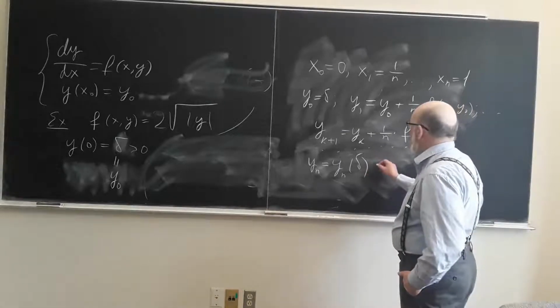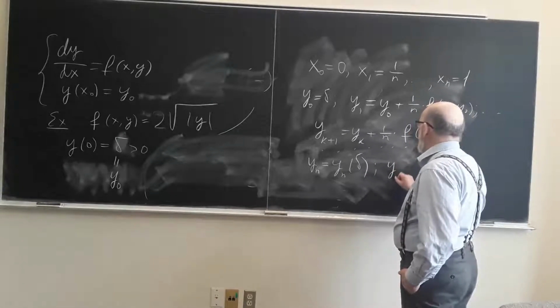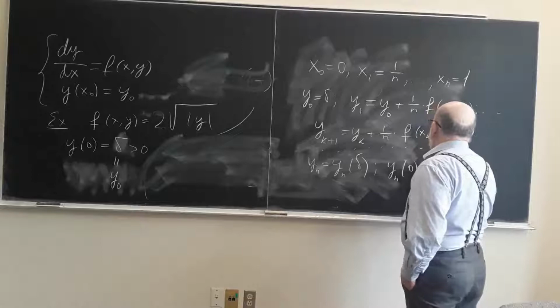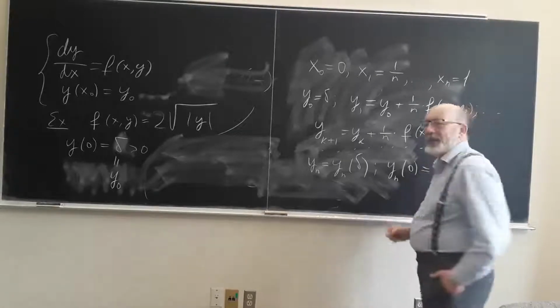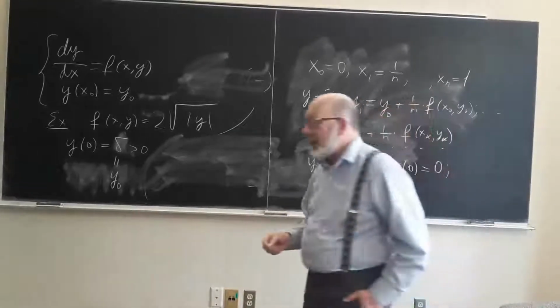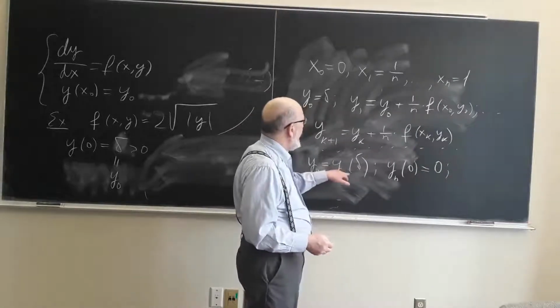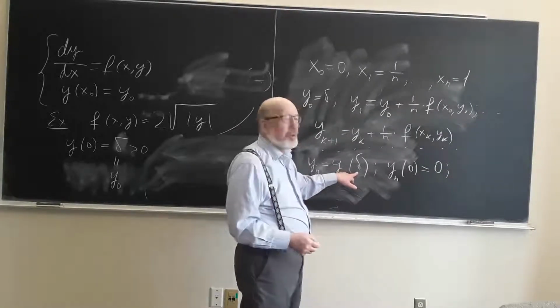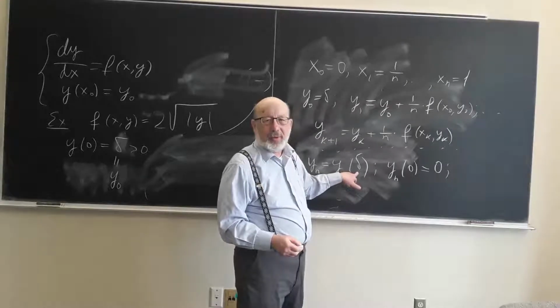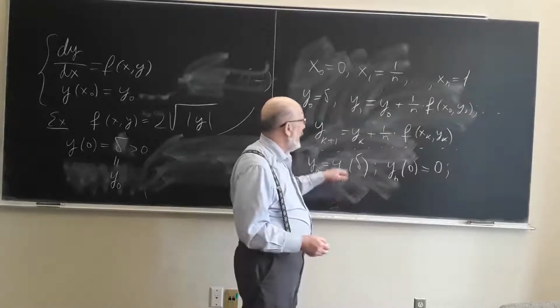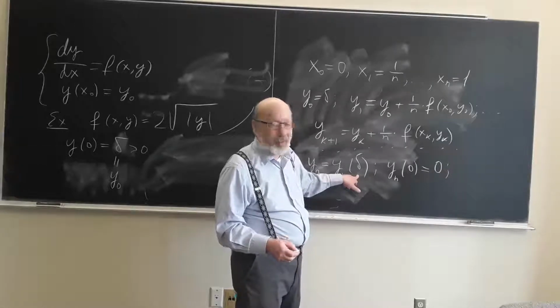Now what we can say: yn of 0 is 0. And what else? We can see that this function is monotonically growing. Yeah? It is continuous.